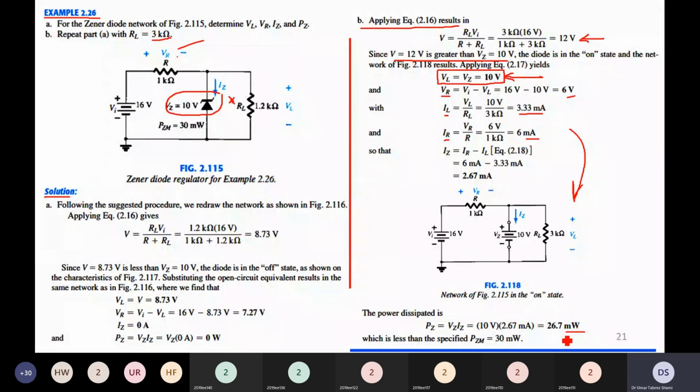And since we have been informed that our PZM is 30 milliwatts and our actual power being dissipated is only 26.7 milliwatts, this diode will be sufficient. So this was the case where we have a fixed input voltage and a fixed load resistance, and the analysis for the circuit.